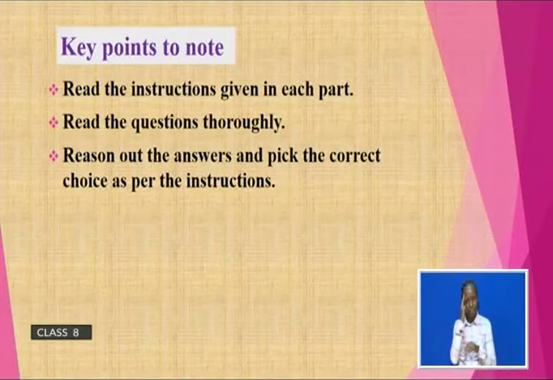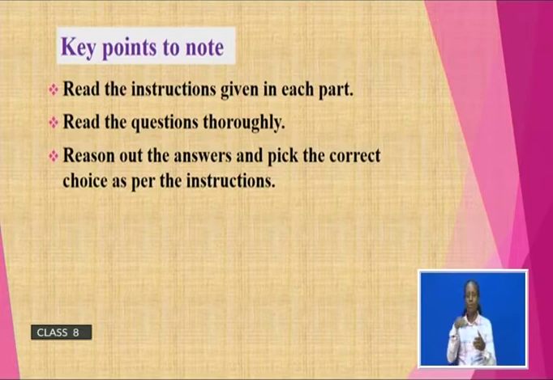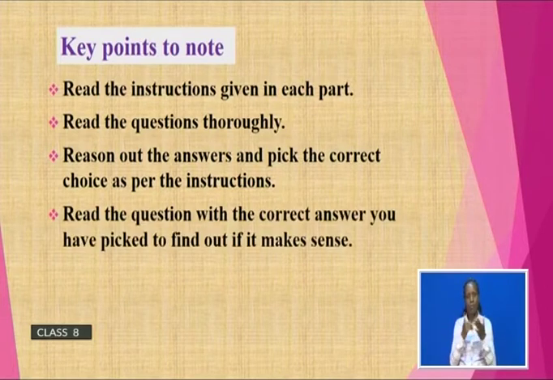What is the other important thing? Reason out, because you must reason between the choices. Don't just say A or B or C. Reason out and pick the correct choice. In some questions, you will find it says pick the correct answer or the best. So those are keywords that you have to look at before you answer the question.